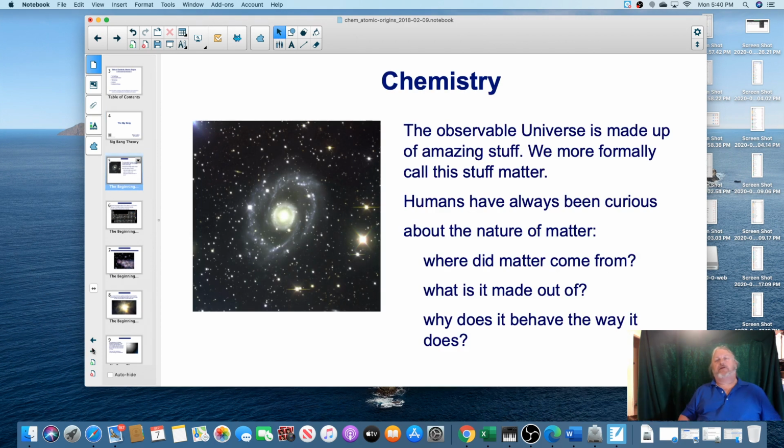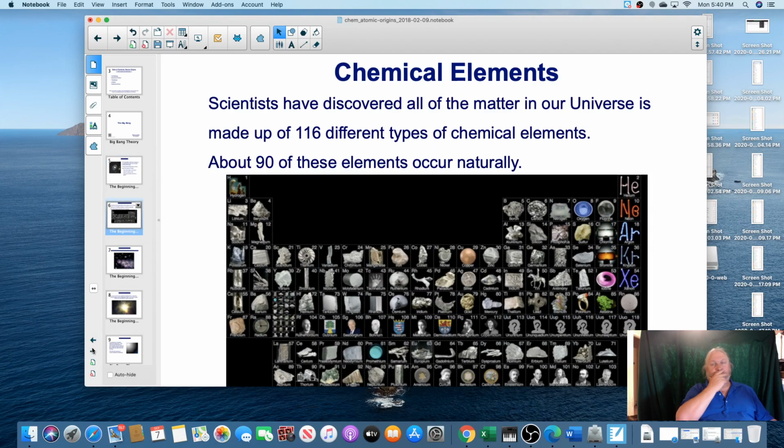What we see in the universe is amazing stuff. We are amazing stuff. All right? And what we call this stuff is matter. Human beings have always been curious about what stuff is and about the nature of matter. Where did matter come from? What is it made out of? And why does it behave the way it does?